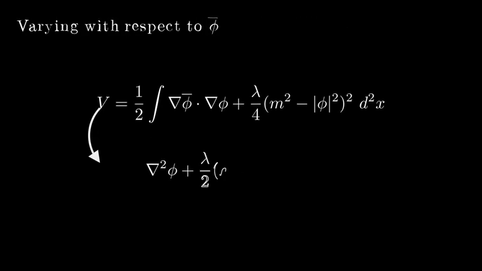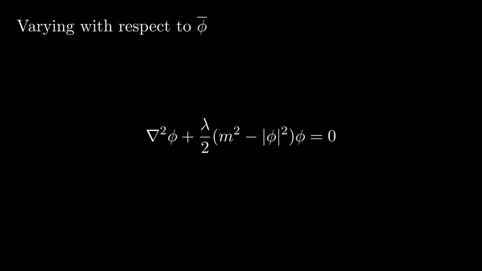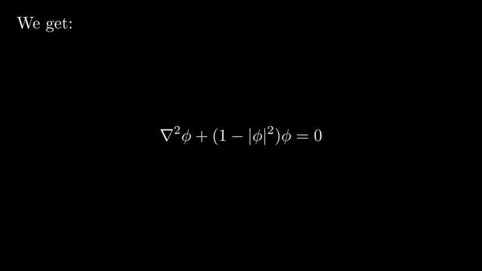We can vary with respect to the complex conjugate of phi to get the Laplacian of phi plus lambda over 2 times m squared minus phi squared times phi equals 0 as our field equation. From now on, we'll set lambda equal to 2 and m equal to 1 for simplicity.